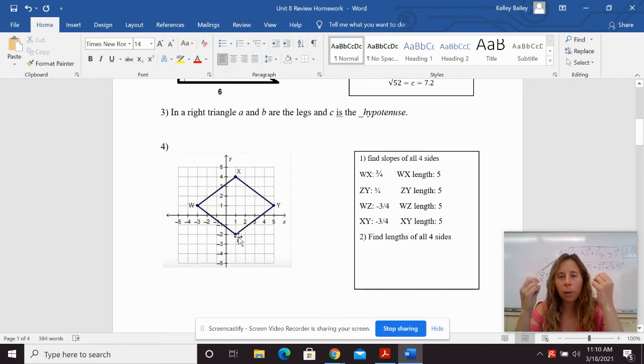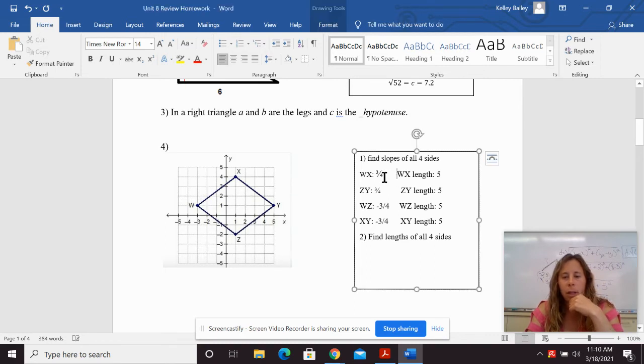So is WX perpendicular to WZ? This is where you need to know your perpendicular slopes. If I was going to have a line perpendicular to WX, you switch the sign and flip it. So I'm going to flip it, so it's 4/3, and then it would be negative. That is the slope that would be perpendicular to this line.